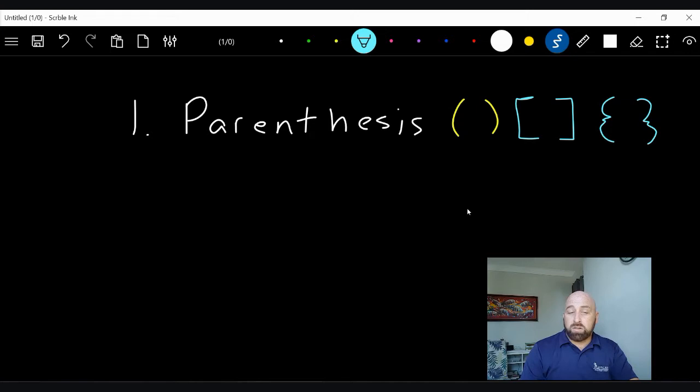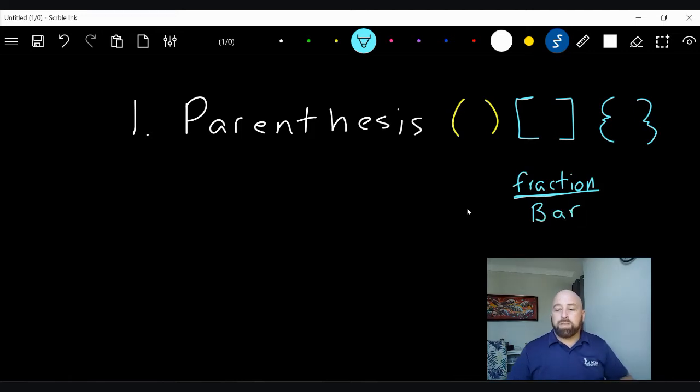Well, the newest one, the one that we're really adding this year, is I'm going to just write a bar like this, and we're going to call it the fraction bar.